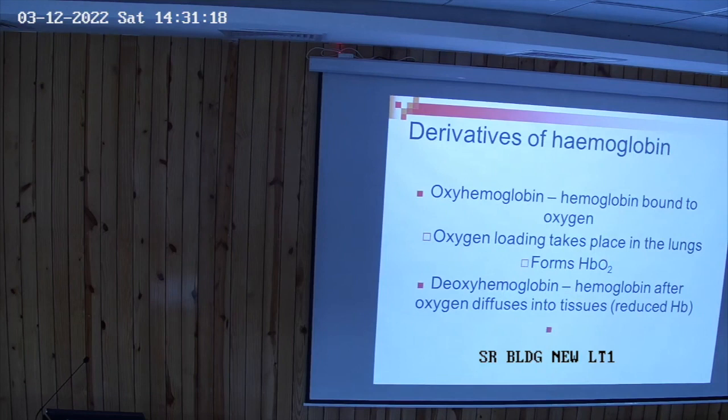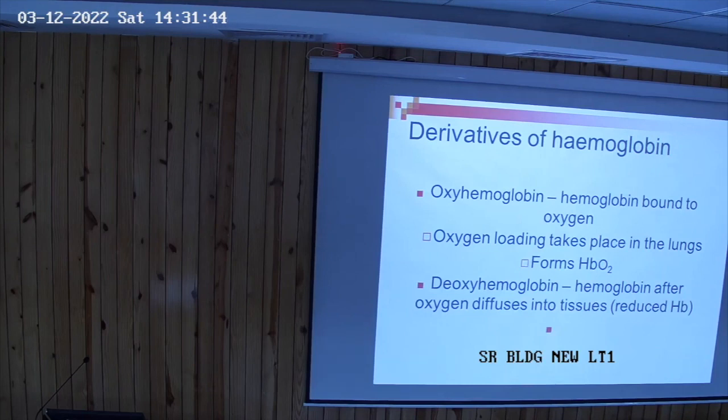Okay, so these are required in safe quantity, but they have their roles. These are the derivatives of hemoglobin. Initially, we talked about types of hemoglobin: adult hemoglobin, A1 hemoglobin, glycated hemoglobin, fetal hemoglobin, in which there was a difference in the second chain: alpha, beta, gamma, delta, epsilon. The chain may vary, but these are the derivatives.